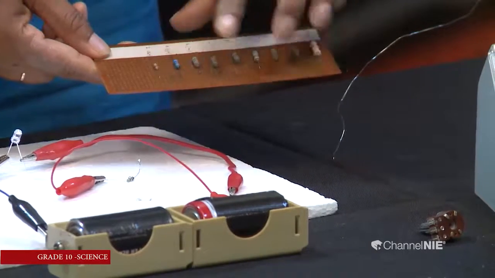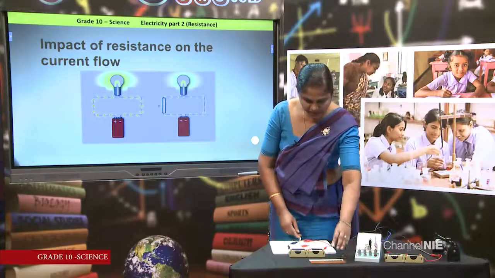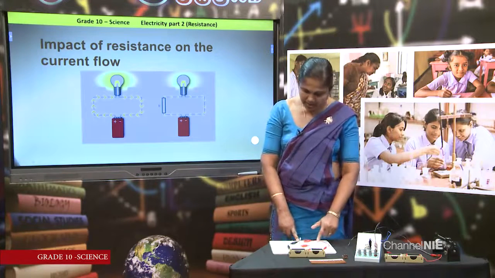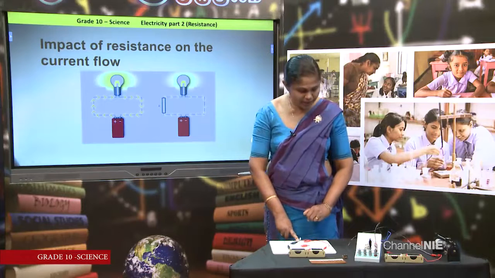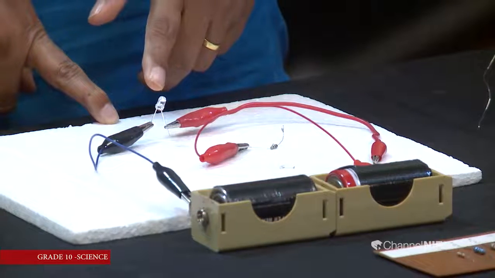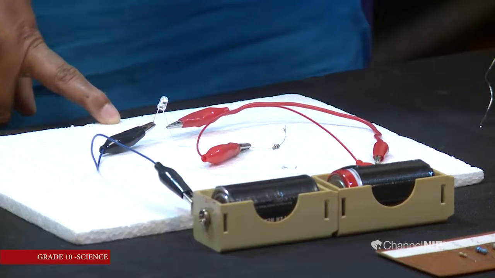When such a resistor is connected to a circuit, children, a resistance, a barrier, is provided to the circuit. Because of that, current flow decreases, and if there's a bulb like an LED, the brightness of the bulb also decreases.